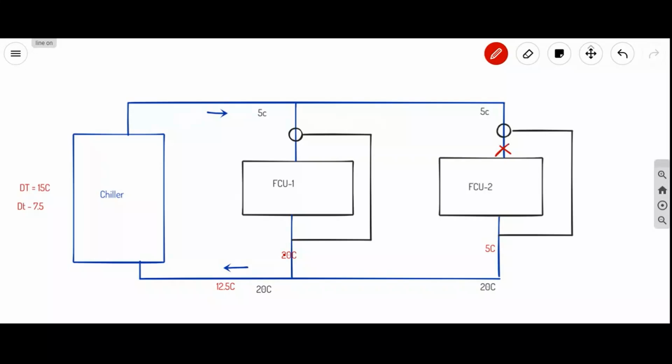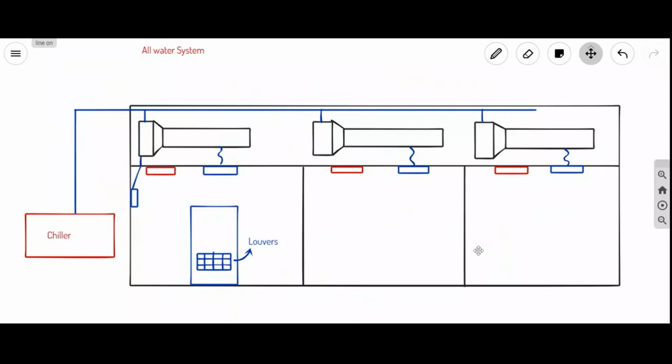That is how we save energy by using fan coil units. This is only applicable when a large load is divided into multiple small loads.